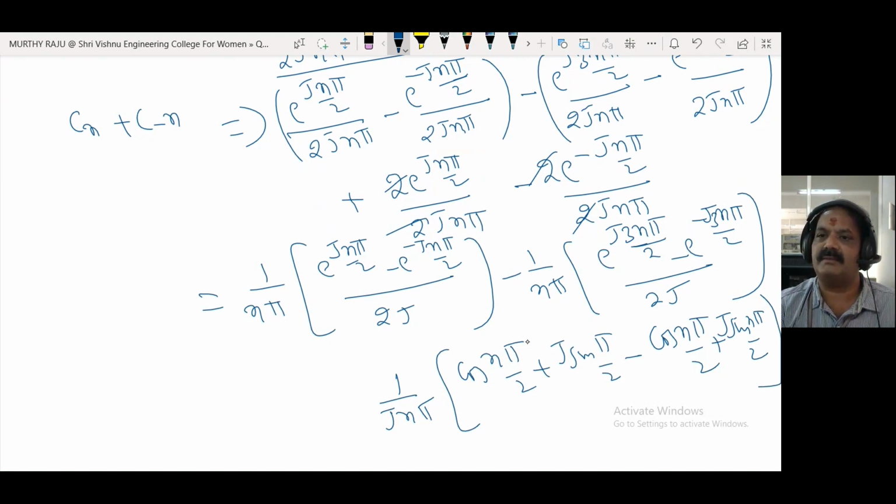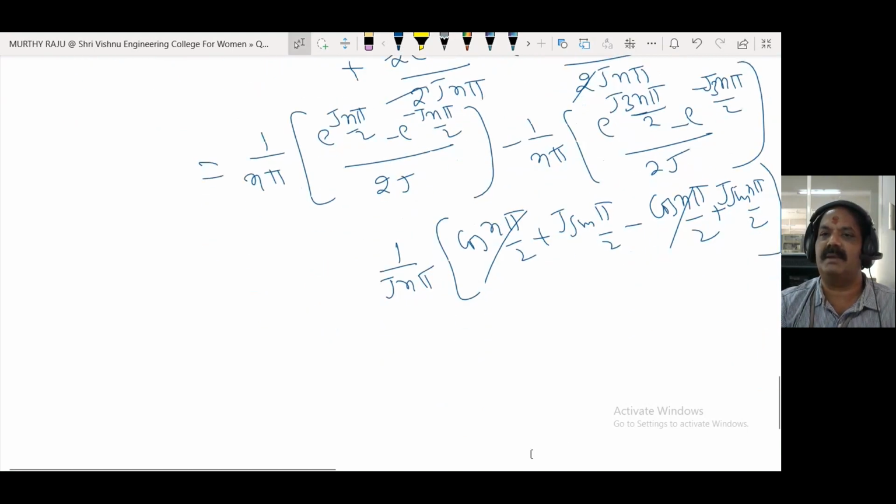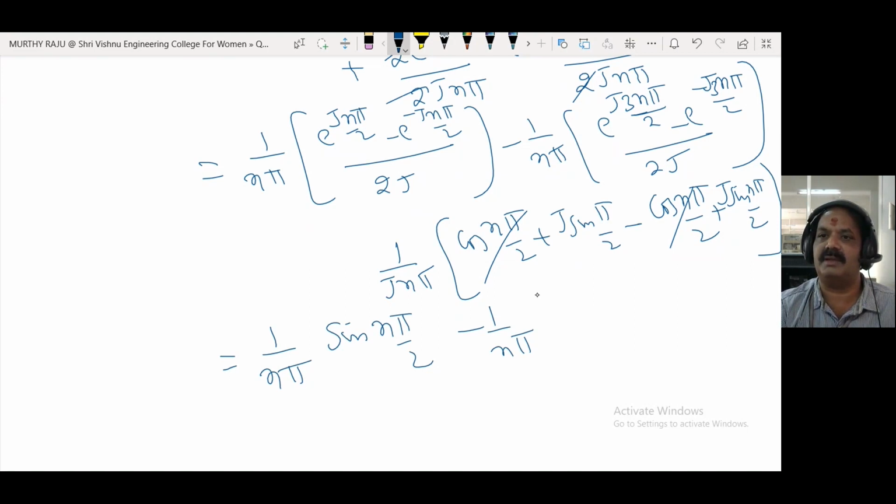Cos n pi by 2 minus cos n pi by 2 is cancelled. 2j sin n pi by 2. That is 1 by n pi, e power jx minus e power minus jx by 2j is sin x. Sin n pi by 2 minus 1 by n pi. Here e power jx minus e power minus jx by 2j is sin 3 n pi by 2.